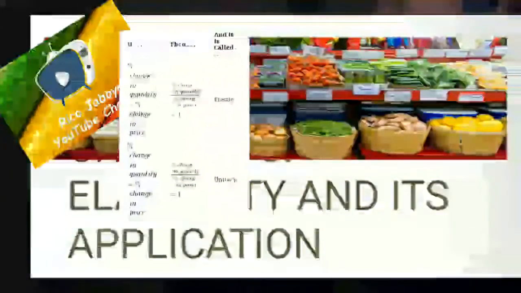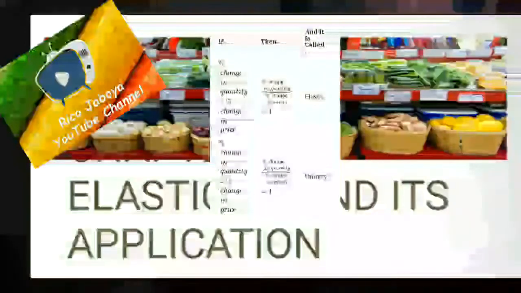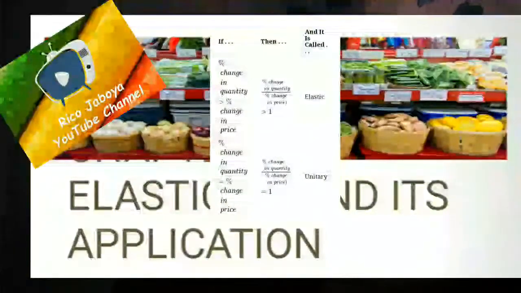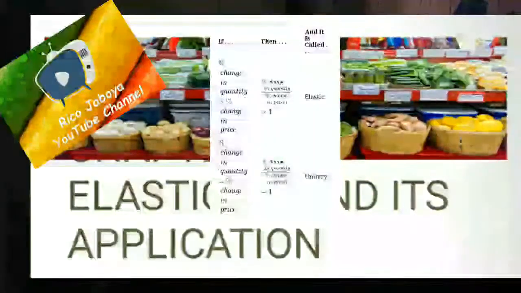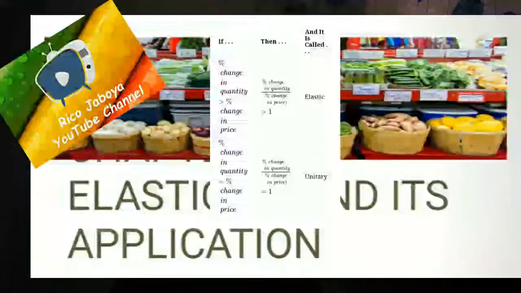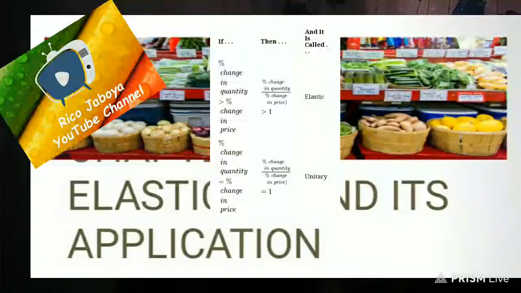Okay, here's the table. It shows that if the percentage change in quantity is greater than the percentage change in price, that is elastic. When it is greater than 1, there is a strong reaction. And if it is unitary, it is equal. The percentage change in quantity is equal to the percentage change in price. So, it's proportional.